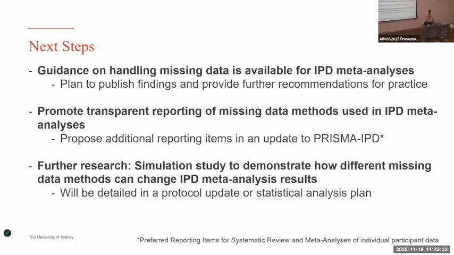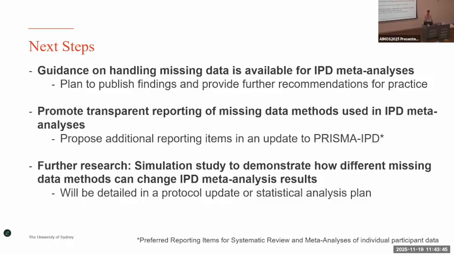Next, we want to aim to promote transparent and clear reporting of missing data methods in IPD meta-analyses. And this could be done by, for example, proposing some additional reporting items in an update to the PRISMA-IPD statement, specifically to try and collect the extent of the missing data that they had and what missing data approach they used.